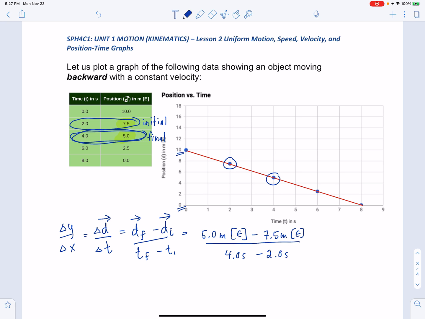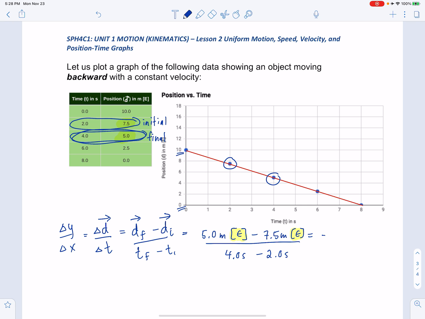So let's simplify. We can subtract these using our calculator because they're in the same direction. We have 5 meters east minus 7.5 meters east. If you punch this into your calculator, and remember, always use your calculator, even if it's something simple, because it'll help you to make sure that you don't lose any grades or marks by carelessly guessing in your head.